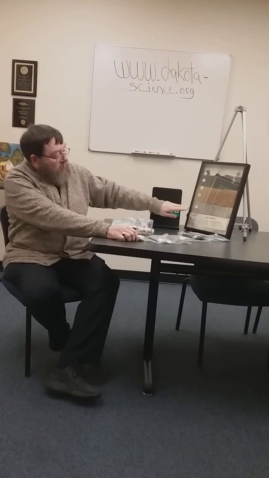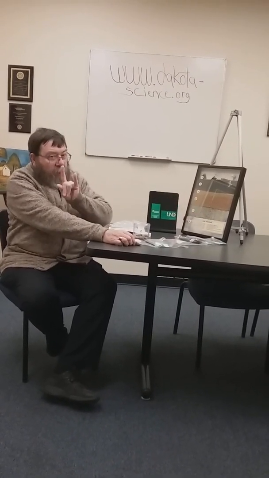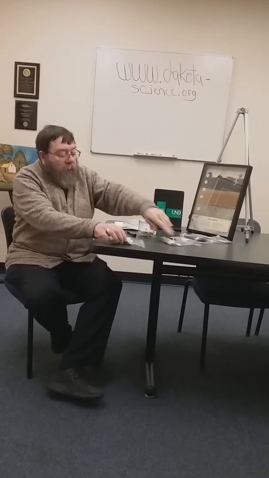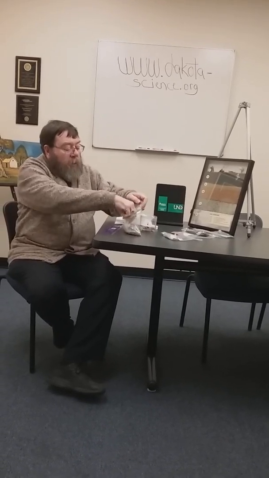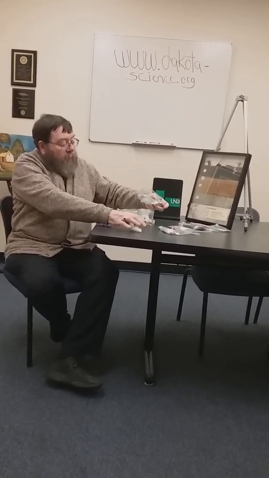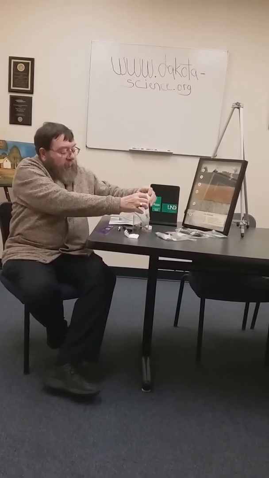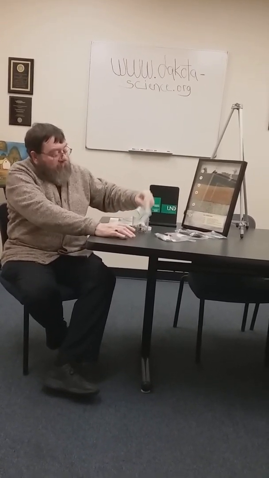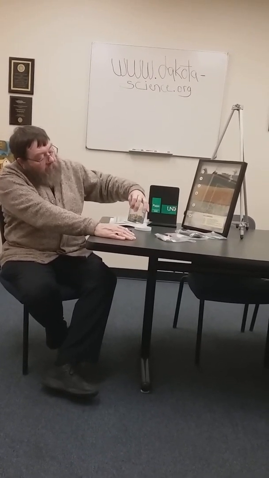Then what comes on top of the bedrock? Regolith, or parent material. And the regolith or parent material comes from the breakdown of the bedrock. And there are various processes that are involved in doing that.